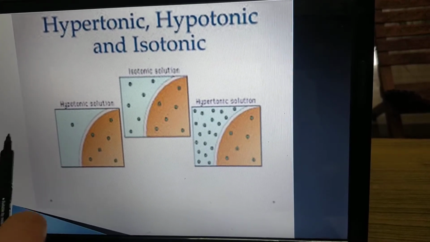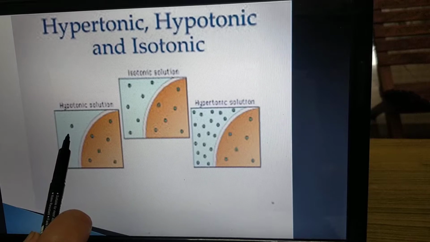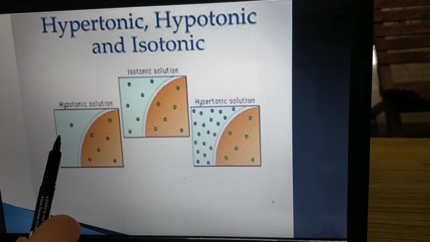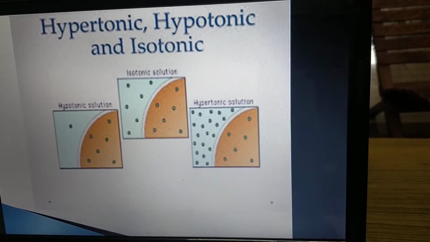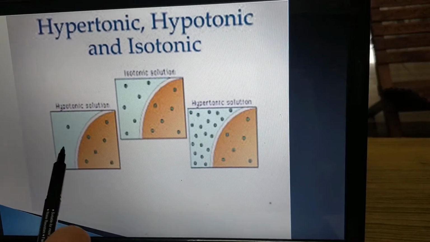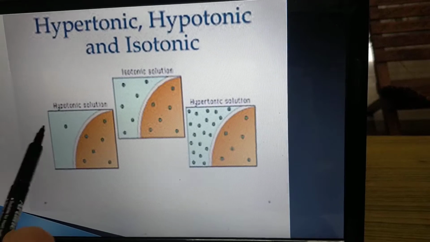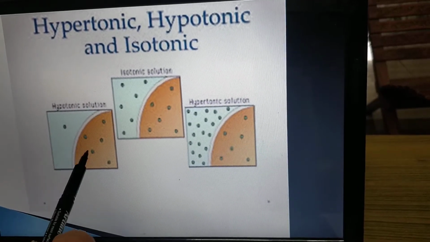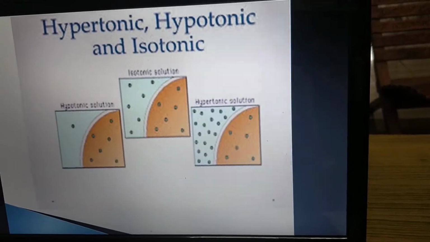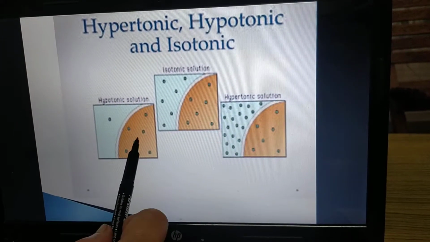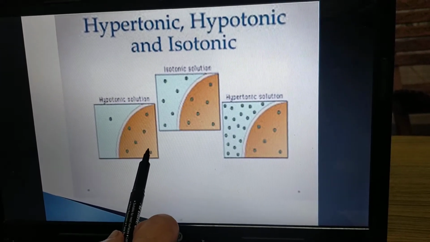So this is called a hypotonic solution. In this case, what will happen? Water will move from outside to inside the cell, or you can say swelling of the cell will occur.